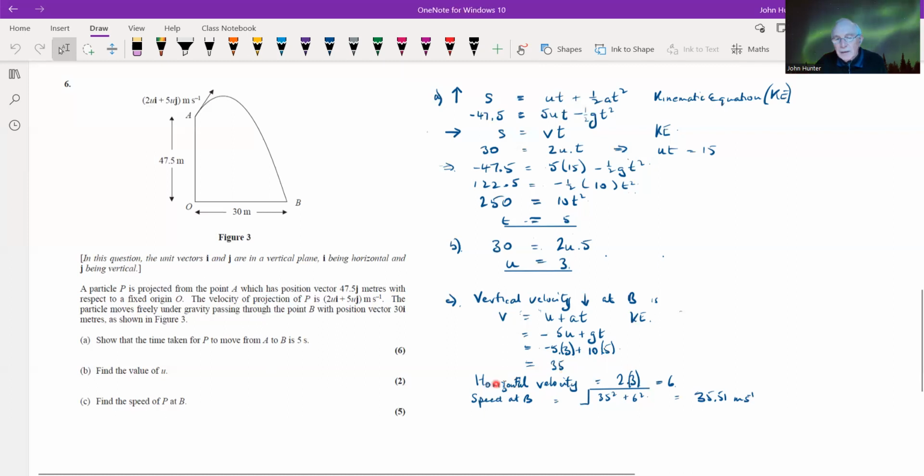From that, without going through all the details, we know the horizontal velocity because that's given to us there, 6, and therefore we're basically just going to use Pythagoras on the vertical and horizontal velocities to give us the speed at B. I shot through that last bit, but that's very similar to what we did before.